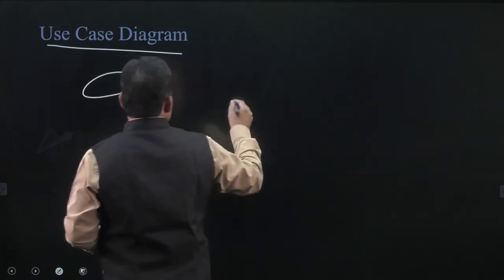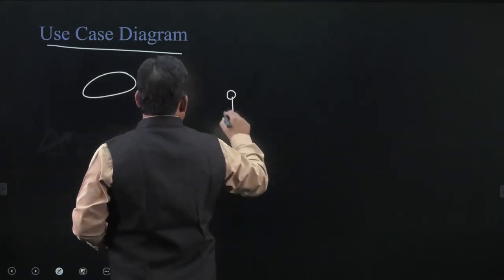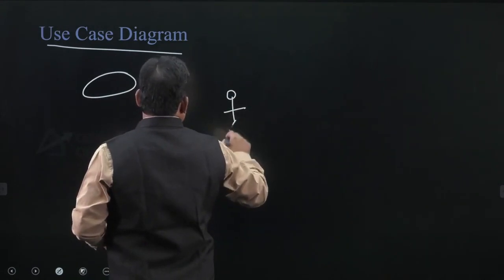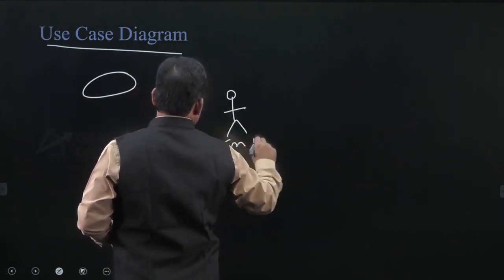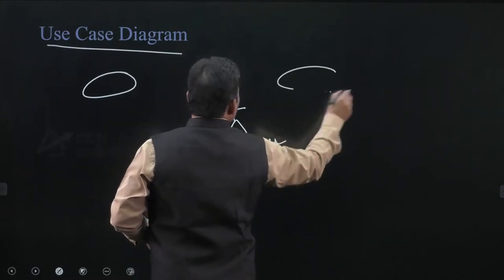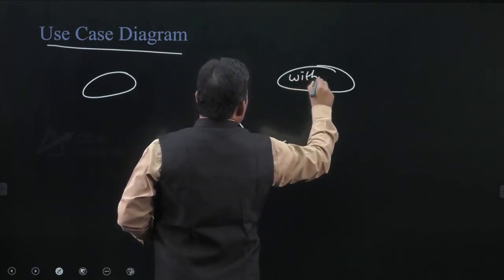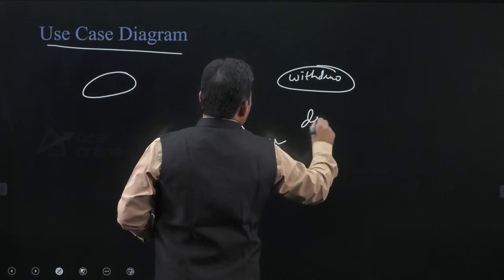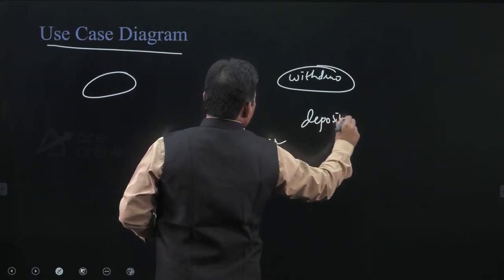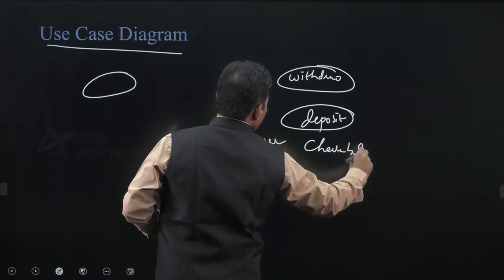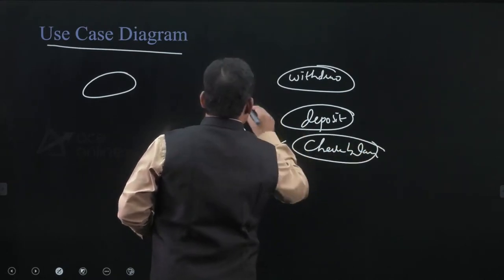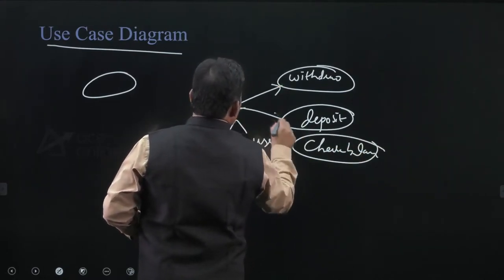We'll take a simple example here. Let's take an ATM user. What are the operations the ATM user can perform? Withdraw operation, deposit operation, check balance, with association relationships.